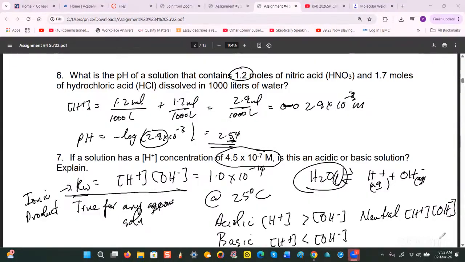Acidic. And the reason why it's acidic is because, exactly. So let me create some space here.